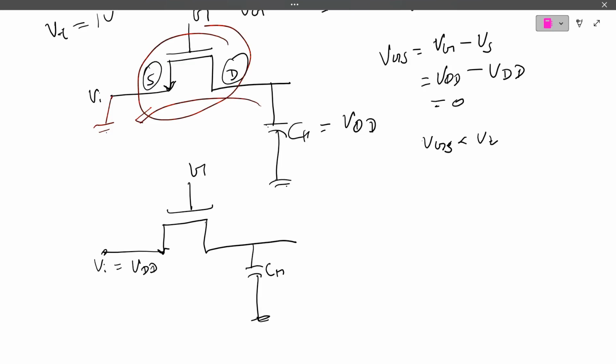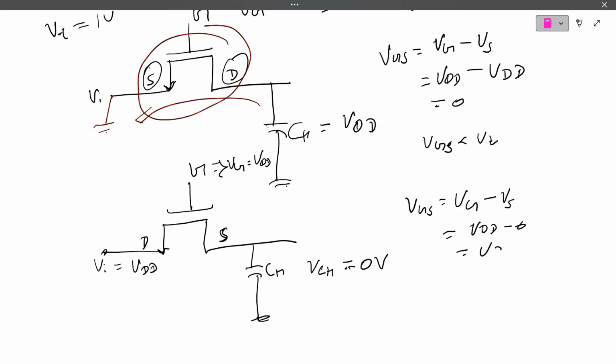Here this one is the drain and this one is the source, as per the definition of the NMOS. The capacitor is initially discharged, meaning VCH is zero volts initially, and we apply VG equal to VDD. So VGS is VG minus VS, which means VDD minus 0 equals VDD, greater than VT.